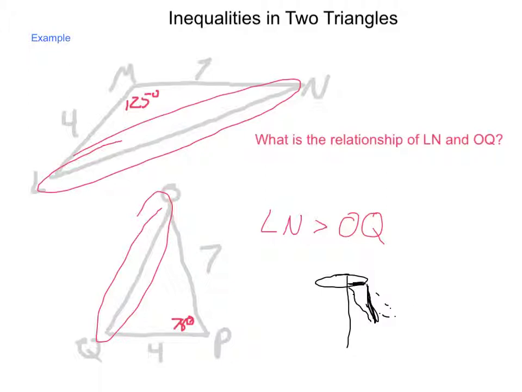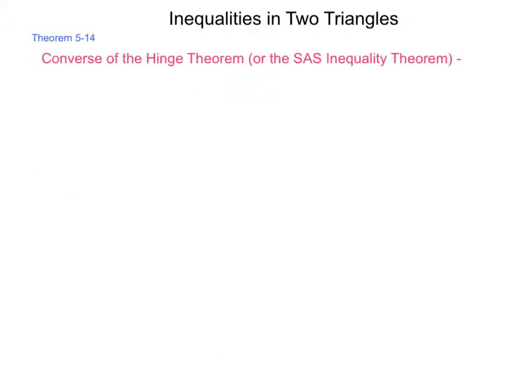Next we have Theorem 514, which is the converse of the Hinge theorem, or the converse of the side angle side inequality theorem. This one states, if two sides of one triangle are congruent to two sides of another triangle and the third sides are not congruent, then the larger included angle is opposite the longer third side.